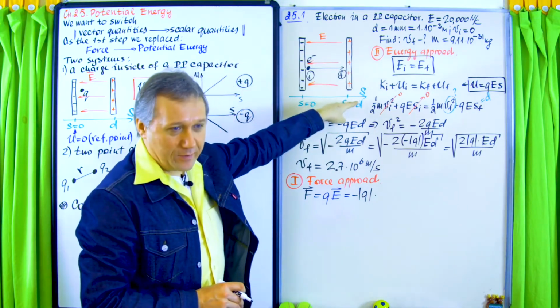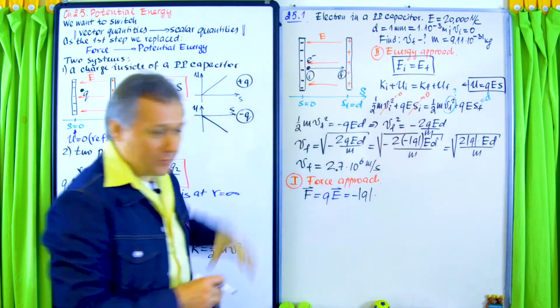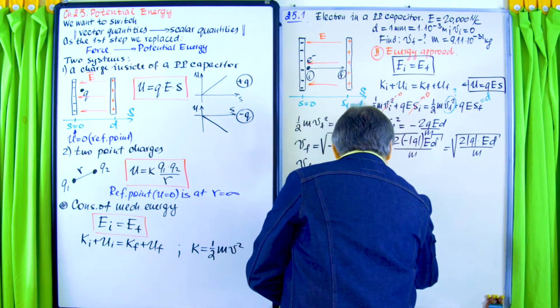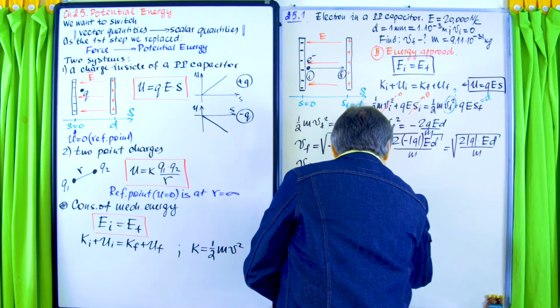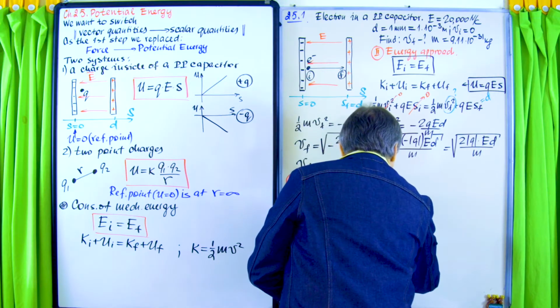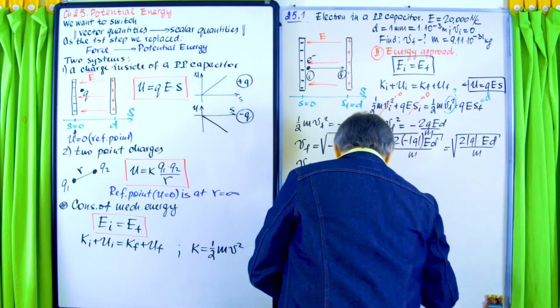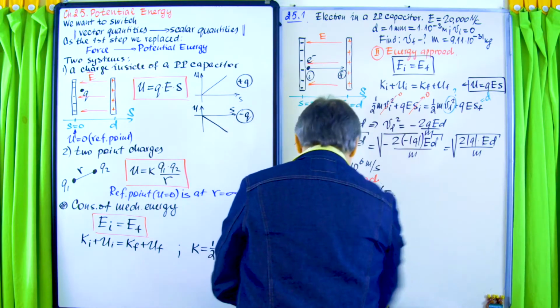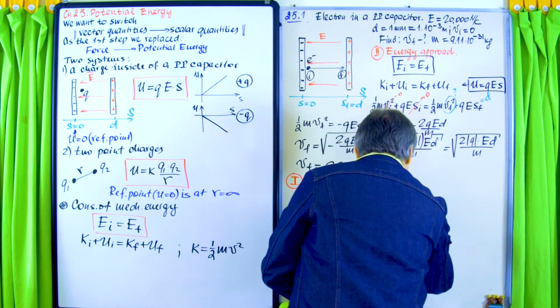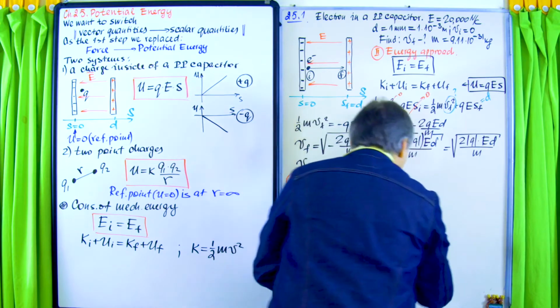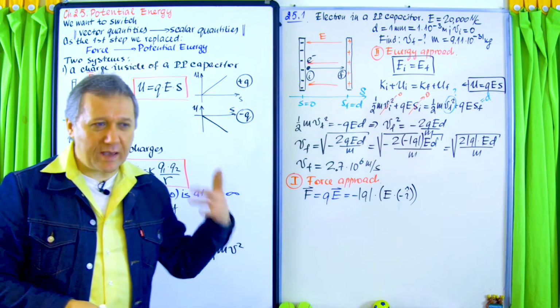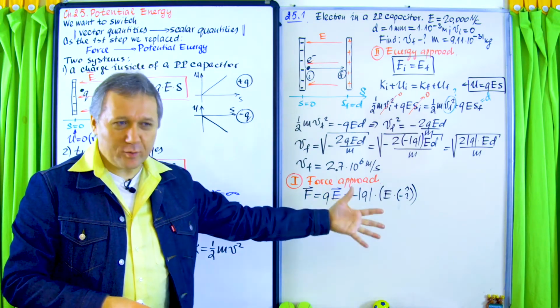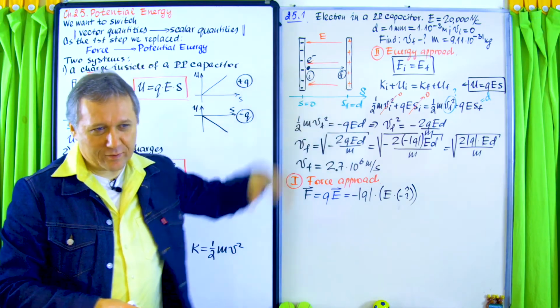Negative S direction. So of course I should write it like this: E times, let me use minus i hat direction. Okay, i hat is basically the X direction, but I used it for this S. It's not a big deal.